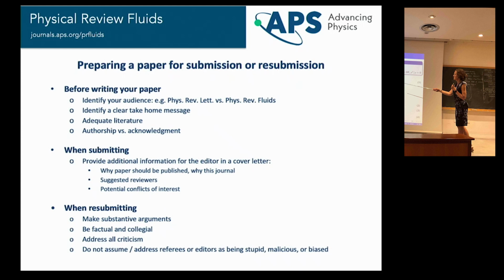Now, preparing a paper. Before writing your paper, you should identify, well, now we speak of the Physical Review family, but of course you should correctly identify which journal you target, and look at the keywords and how things develop.